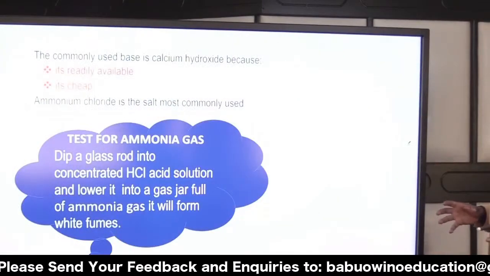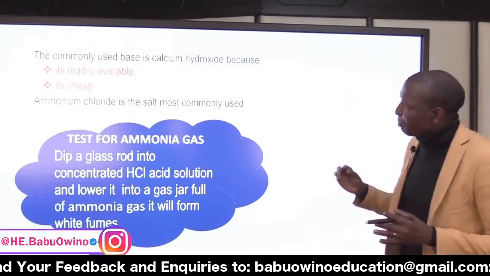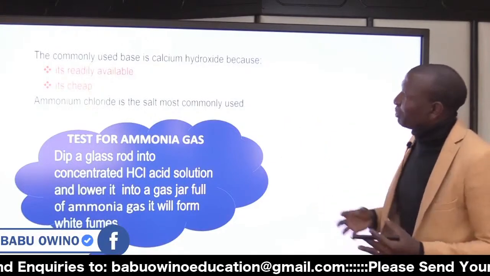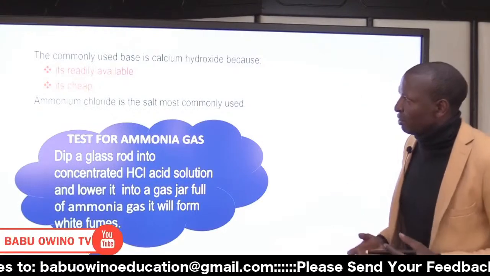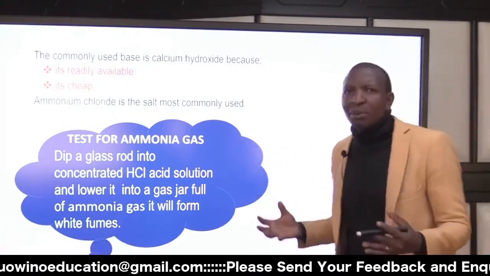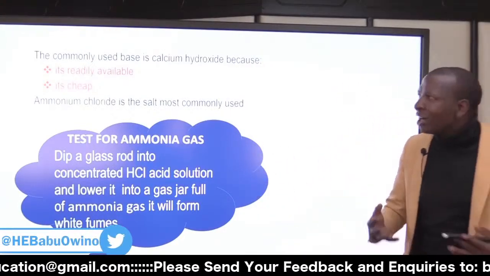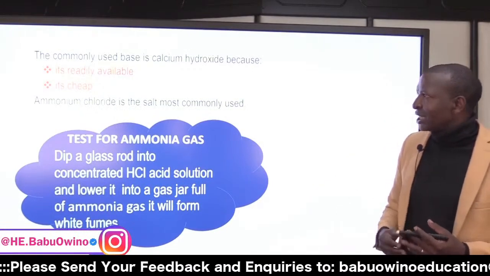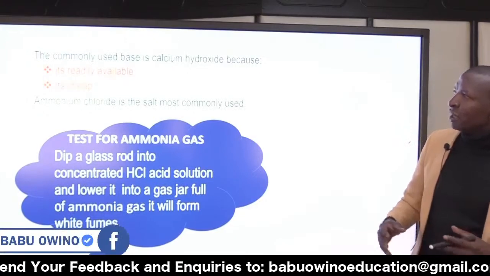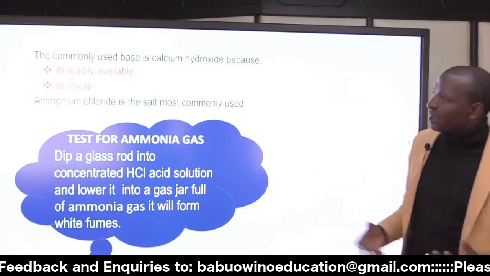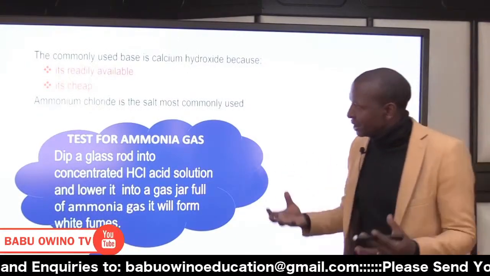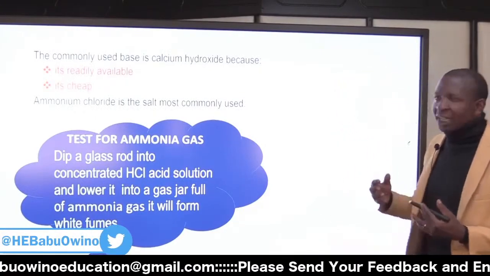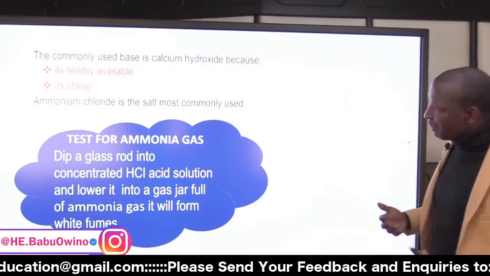The rationale, why do we preferably always use calcium hydroxide and ammonium chloride? Because calcium hydroxide is readily available and it is cheap. Rather, it is cheaper than the other bases that are used. Ammonium chloride is also most commonly used because, again, it's also cheap and readily available.